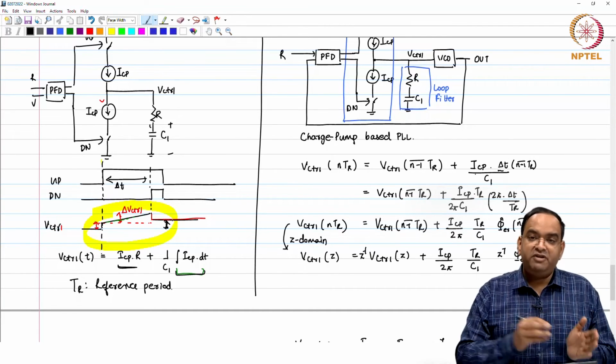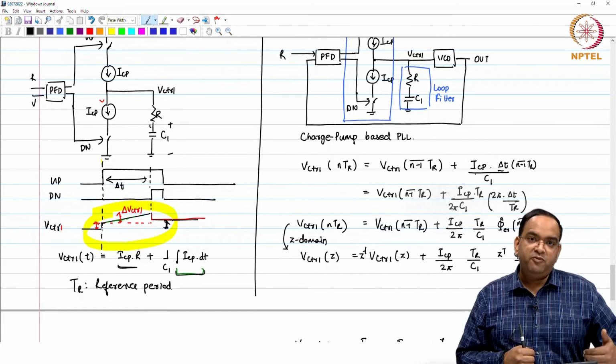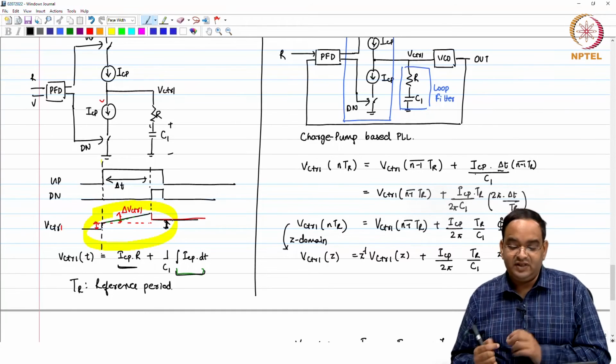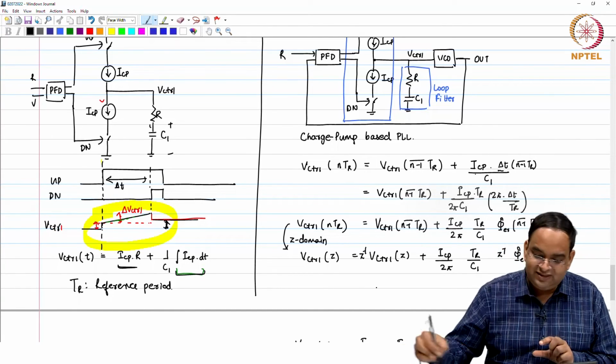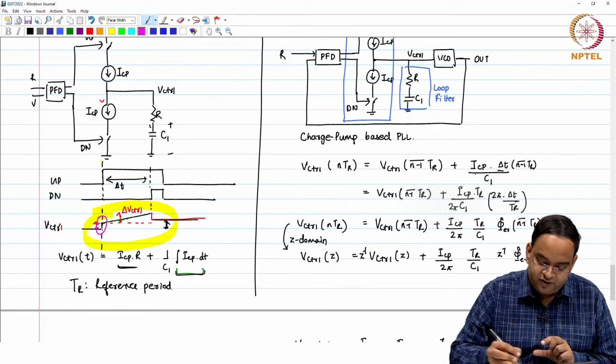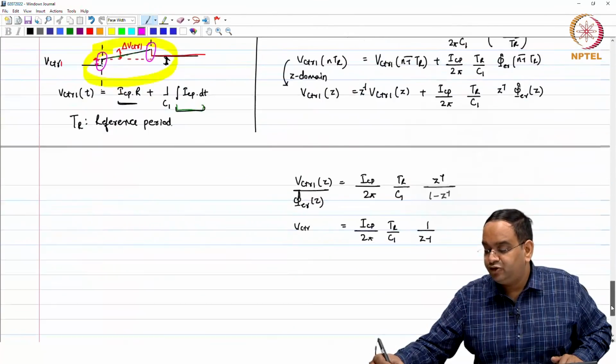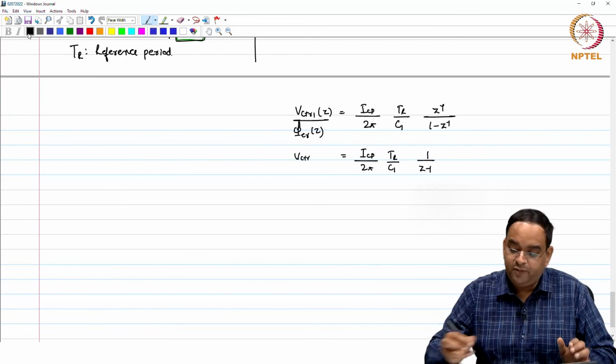So, in 2 reference cycles, what was the value in the previous reference cycle and what is the value in the current reference cycle. This analysis is neglecting that part. If you take this into account, it becomes a little cumbersome, so I will just neglect that part right now.